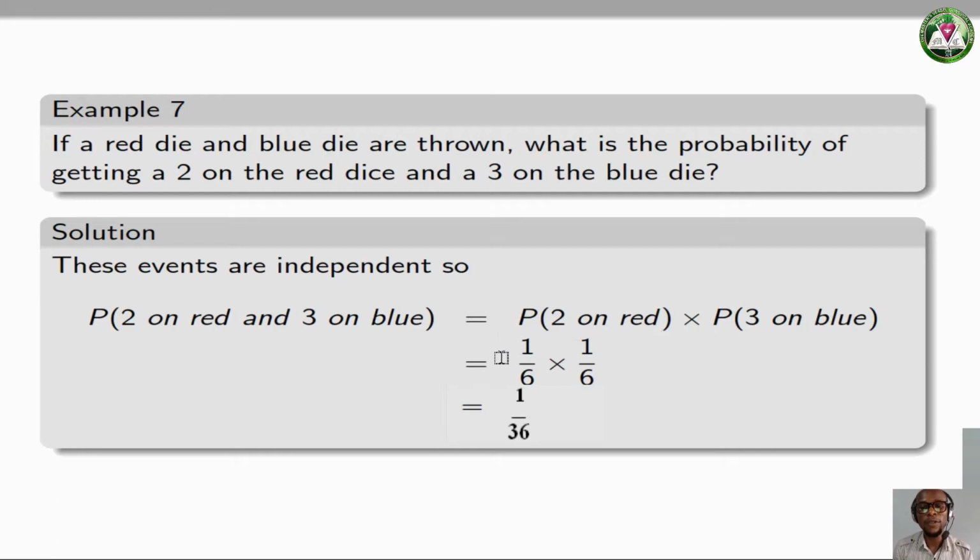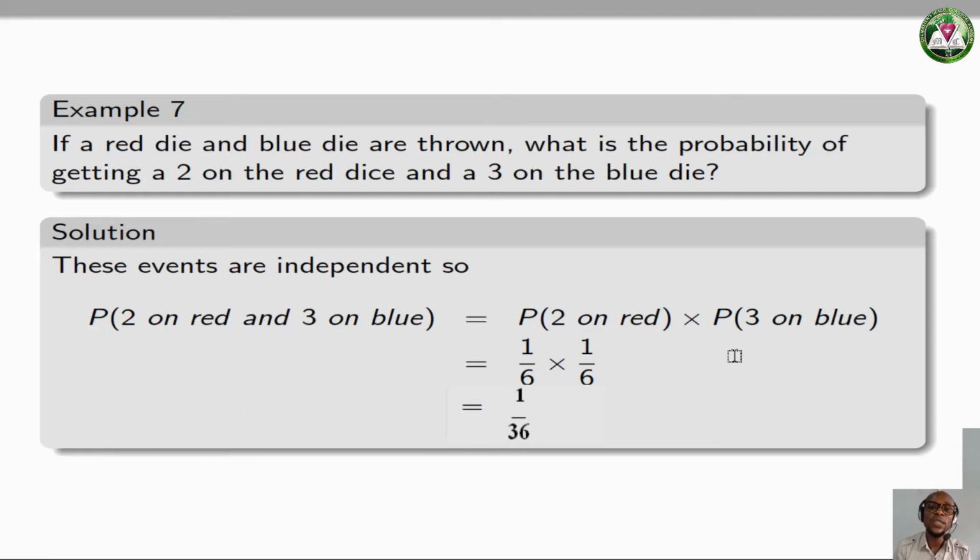Now, the probability of getting a 2 on red. In how many ways can we get a 2 on a die? There is only one face that has 2 on it, so there's only one way that we can get a 2 on a die. So the probability there is 1 over 6. The 6 there tells you that is the sample space. There are 6 faces on the die. Multiplied by, now how do you get a 3 on the blue die?